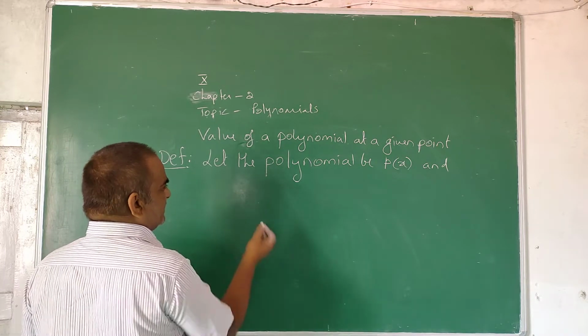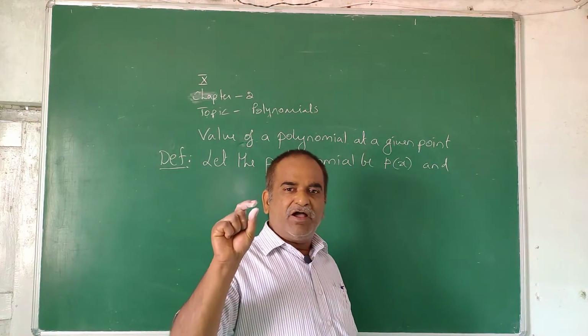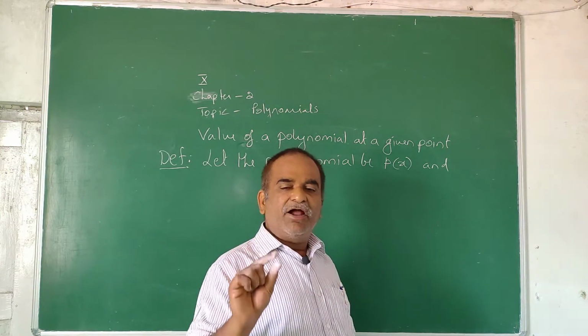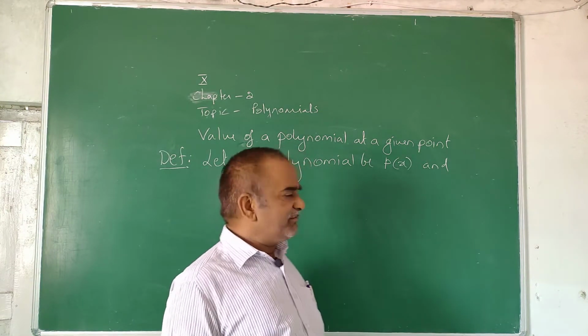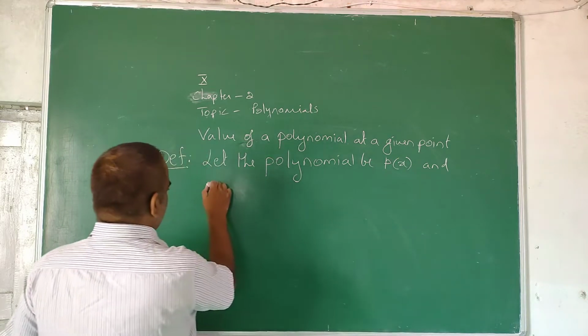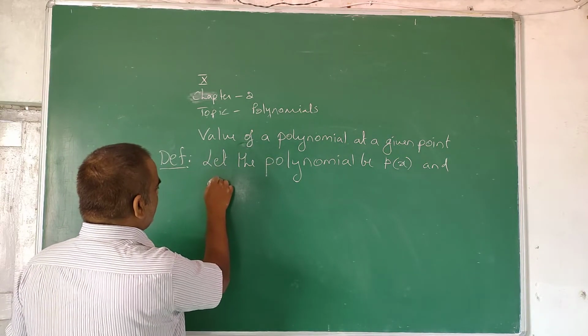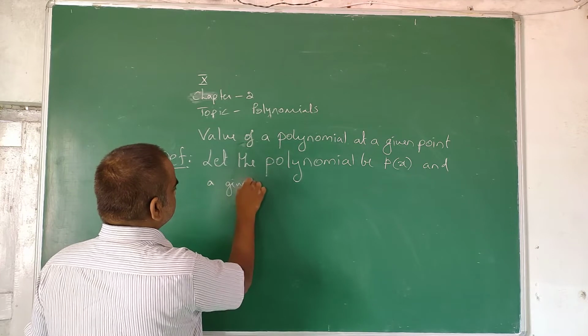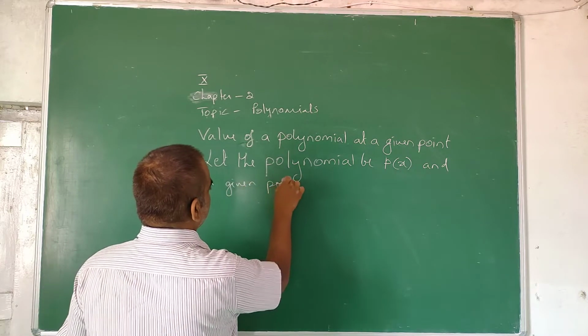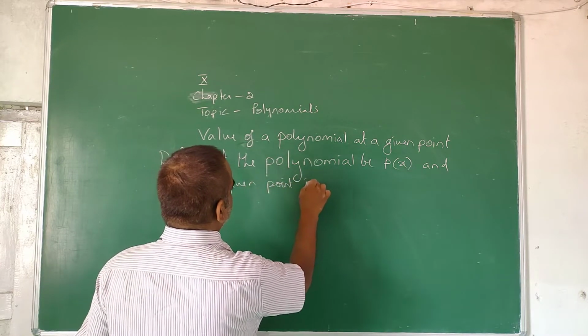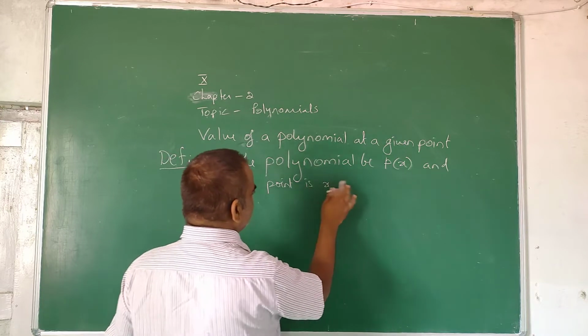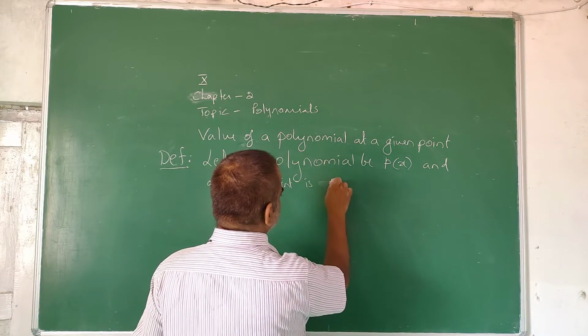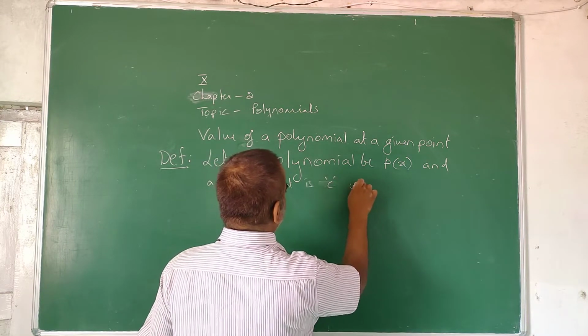A point here means a real number. That's what I mean by point. And the given point is, say, c, where c is a real number.